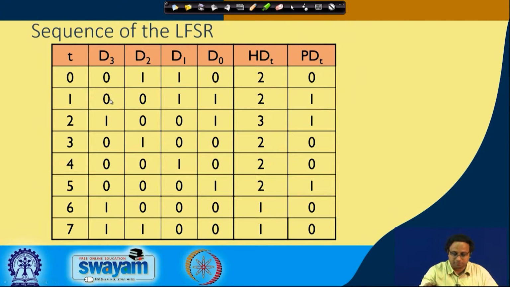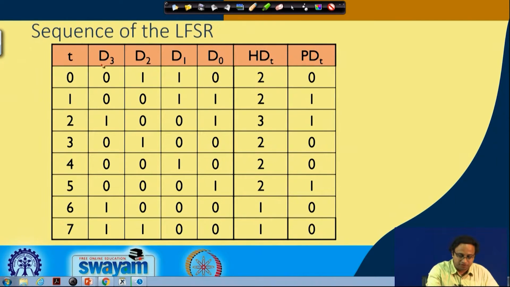So what I mean is that when I am XORing D3 and D0, I am getting back this feedback value. If I XOR 0 with 0, I get back 0. If I XOR 0 with 1, then I get 1 as a feedback. So you can see that here 0 has been fed back, here 1 has been fed back. Likewise, if I XOR 1 with this 1, I get 0 which is being fed back, whereas for the other positions it is just a shift.